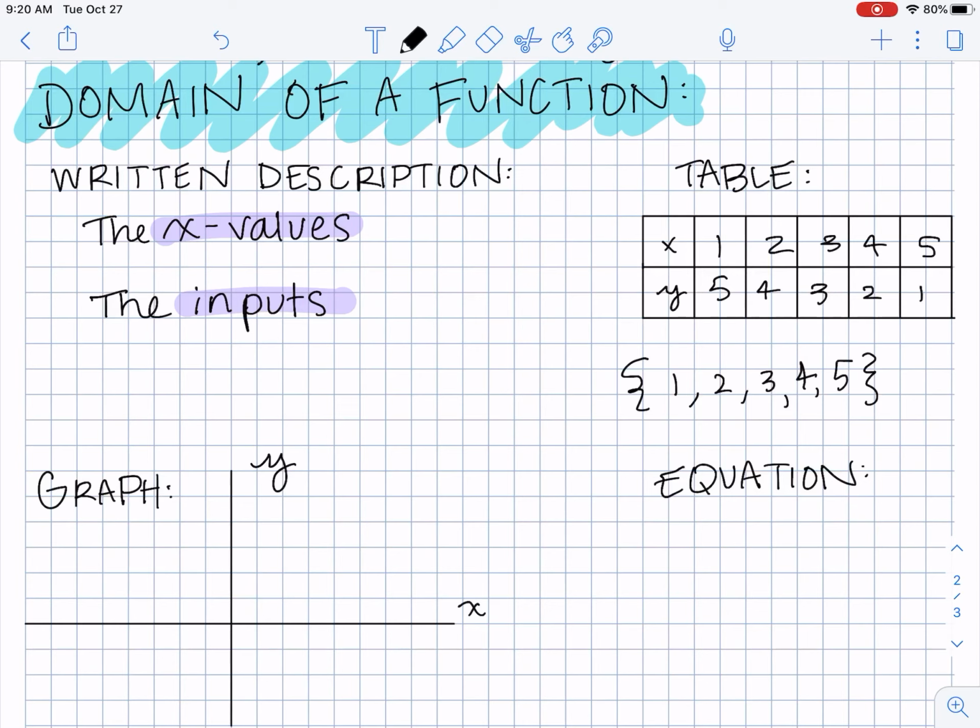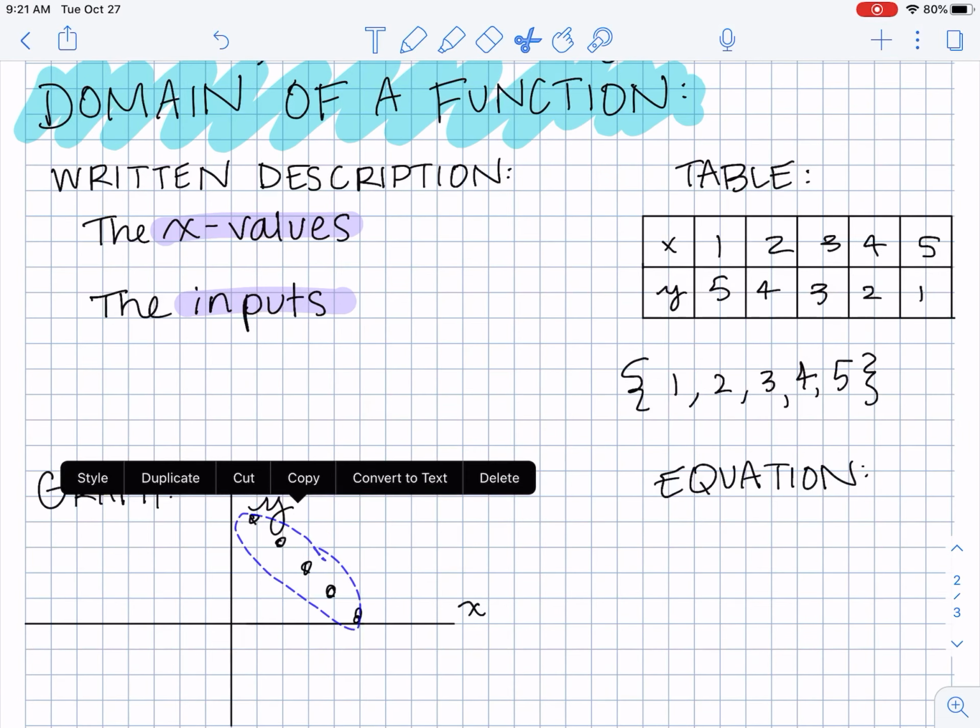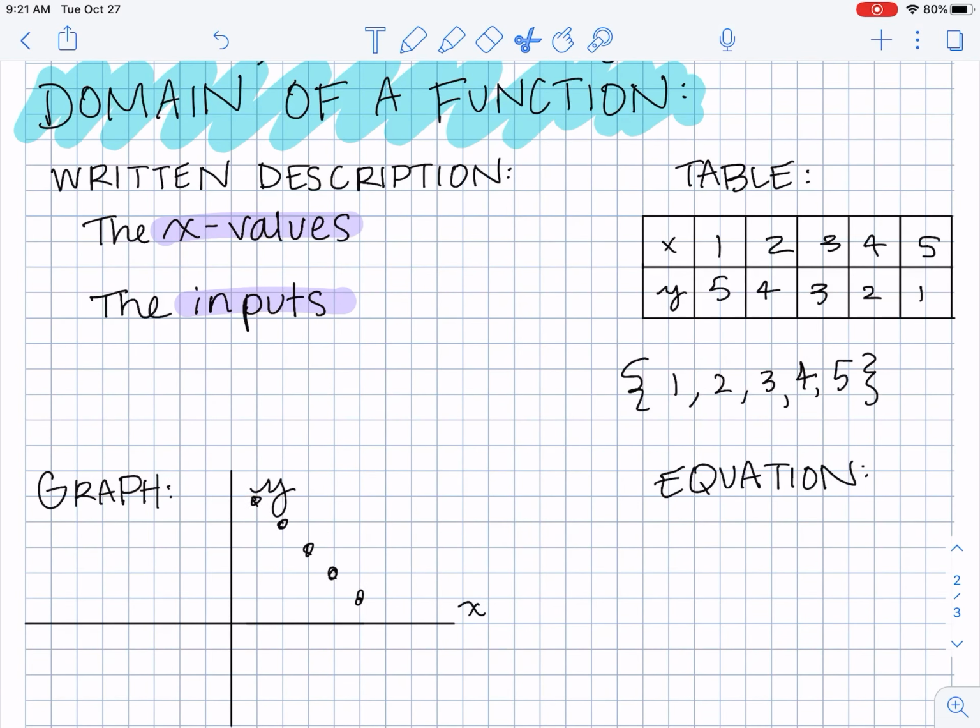Whoops, I got off by 1. Okay, so there is the domain if it's just finite, if it's just 5 different things.